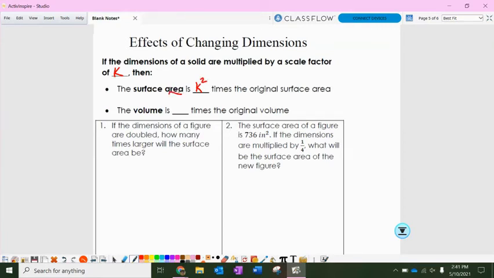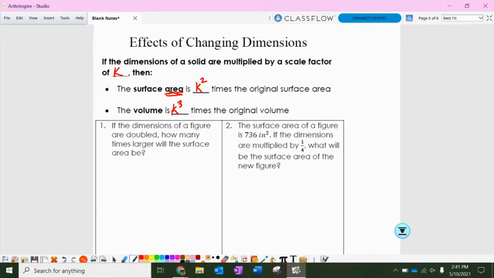And again, that makes sense because it's area, and so we're used to that being square units, so it's going to square the dimension change as well. And volume is K cubed times the original volume.